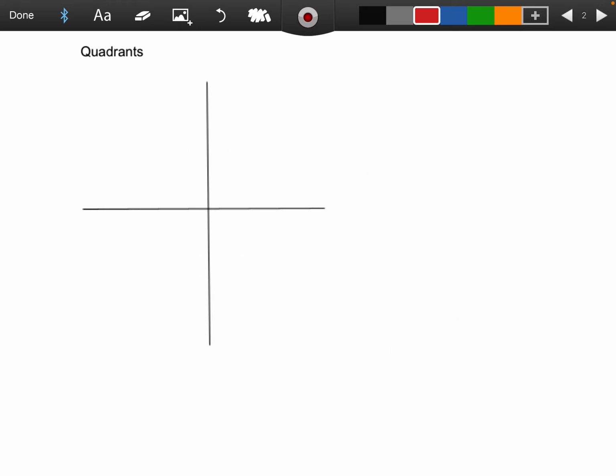Okay, so the two-dimensional space is divided up using the x and y axes, and it divides the space into 4 quadrants. Quadrant 1 is here. Everything in quadrant 1 has a positive x value and a positive y value, two positive numbers that make up the coordinates or the ordered pair.